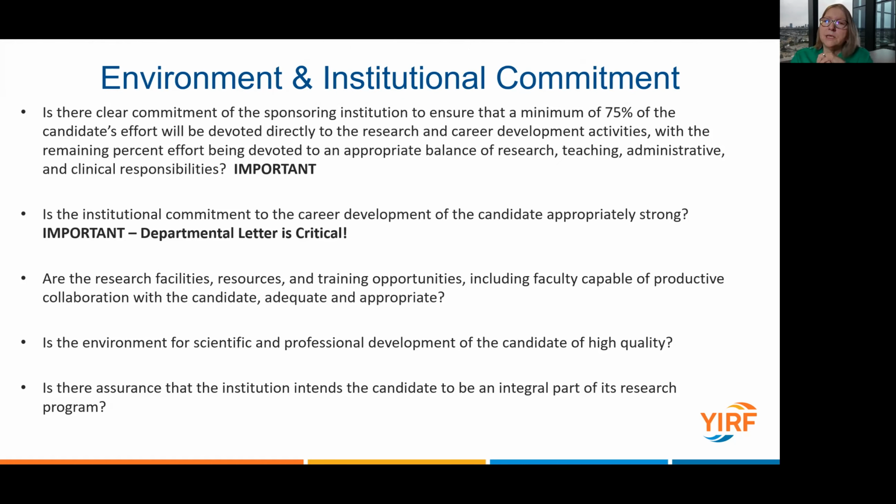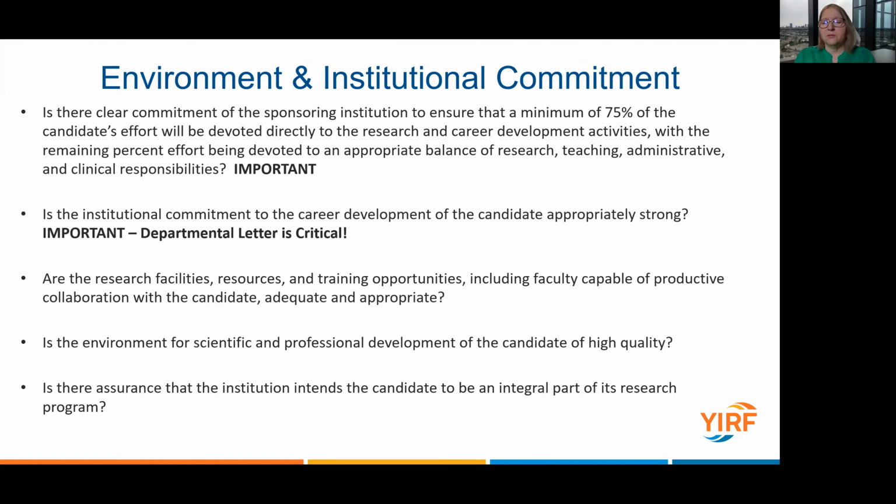What's trickier is the institutional commitment, because you usually do need a letter from your department chair. And they usually need to say that they love you, they think you're a great person, they will protect your time, and often that they will guarantee you a faculty position. And that could be a catch-22, because often department chairs don't want to write these letters until they know you have research funding.